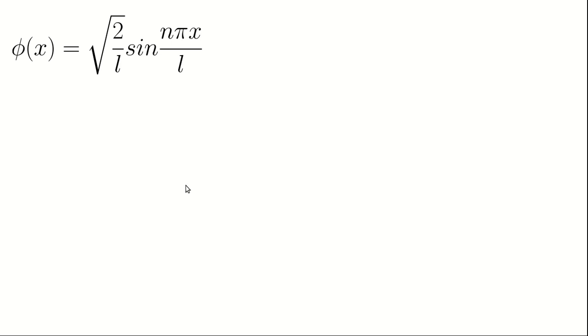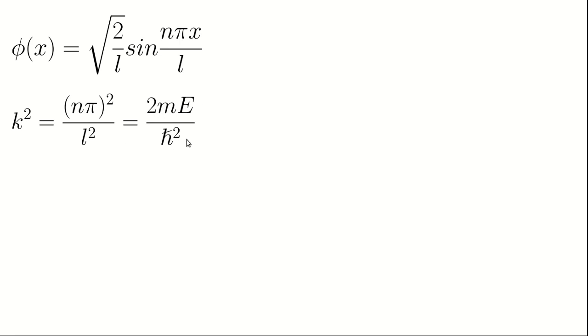Also, since we have found our k squared to be equal to n pi over L squared, which is equal to 2mE all over h bar squared, we can make E the subject of the formula in terms of this one. When you equate to this one, that gives us E equal to n squared pi squared h bar squared all over 2m L squared.